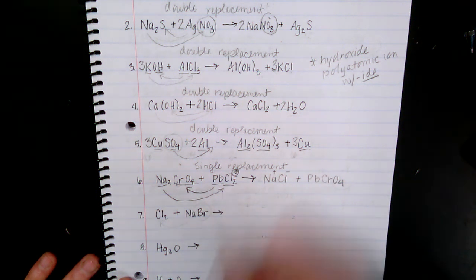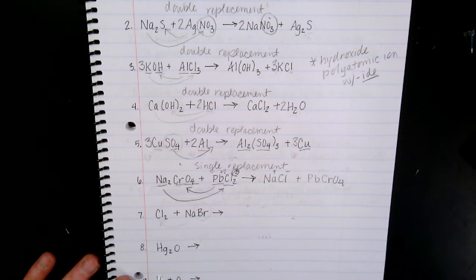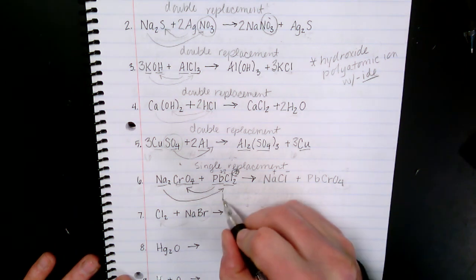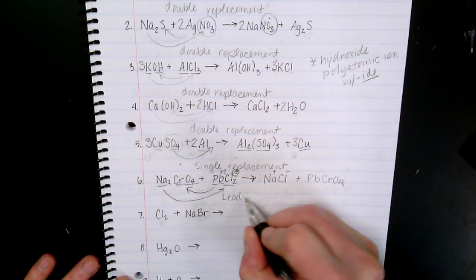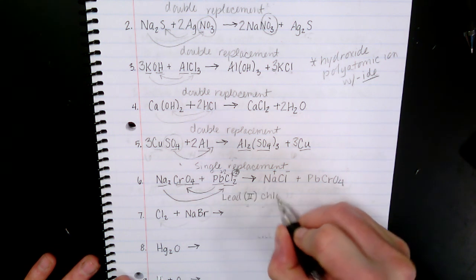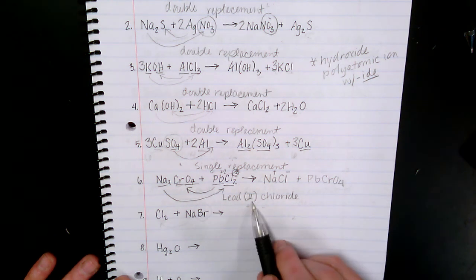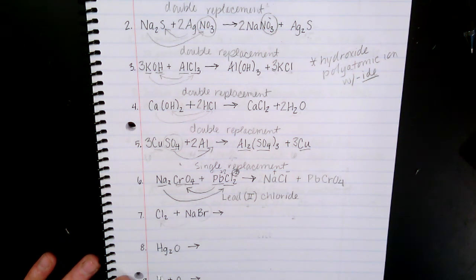So since there's only 1 lead, that means that it had to have a +2 charge. So if you saw this written out, it would say lead, Roman numeral 2, chloride. So that Roman numeral 2 tells you that lead in this compound has a +2 charge.